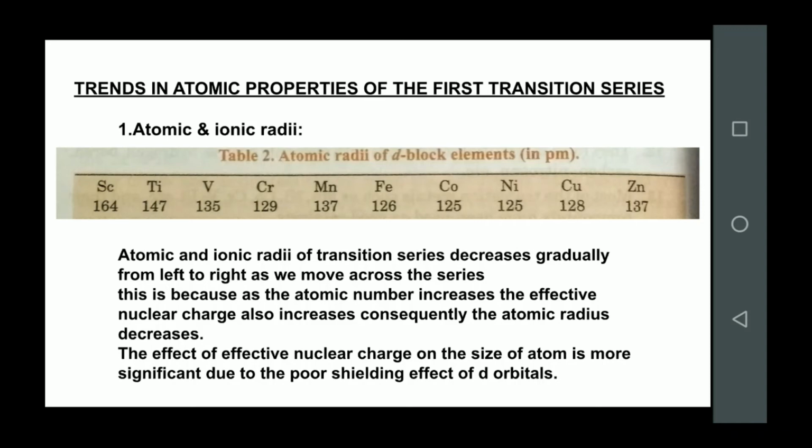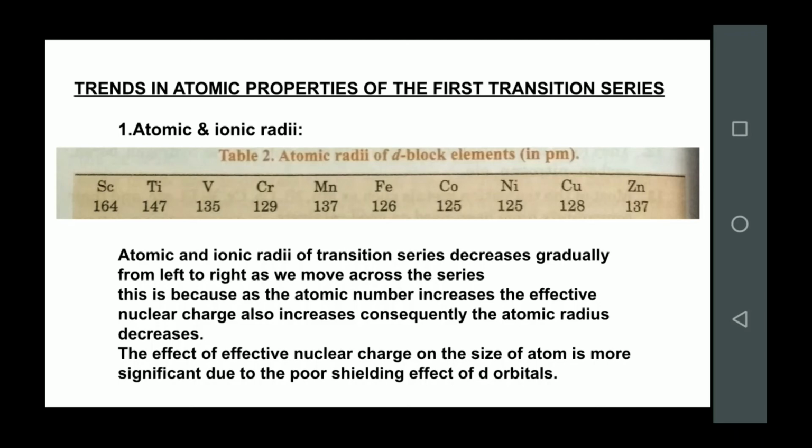After that, from iron to copper, the atomic sizes become nearly constant. Iron, cobalt, nickel, copper show almost no change in their atomic radii. It is almost constant, and then there is an increase in atomic size in zinc.